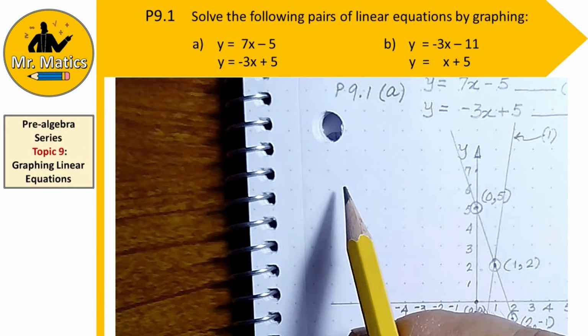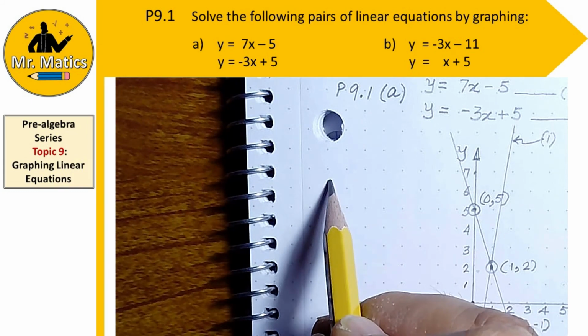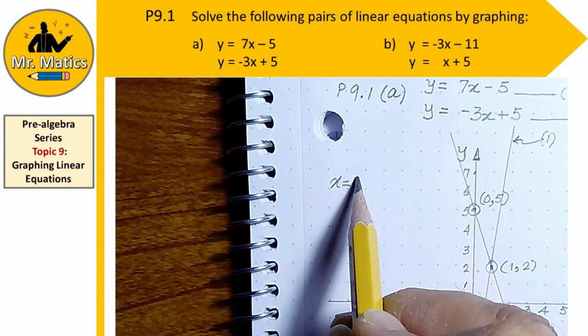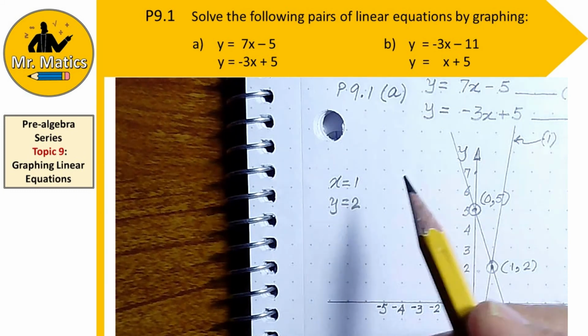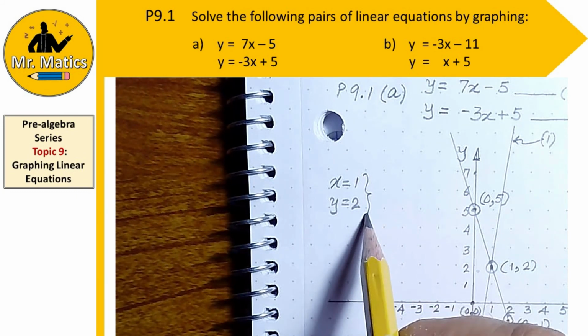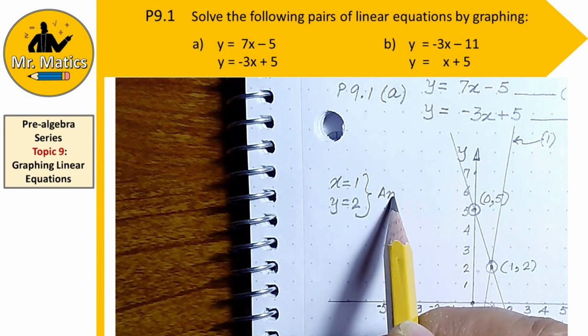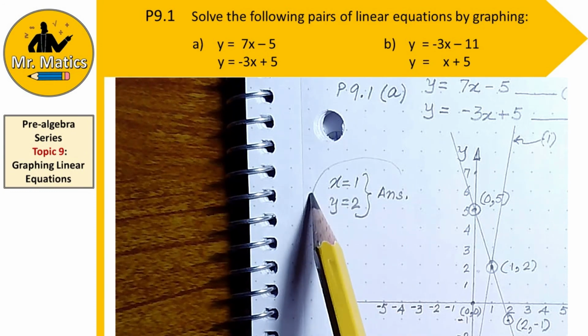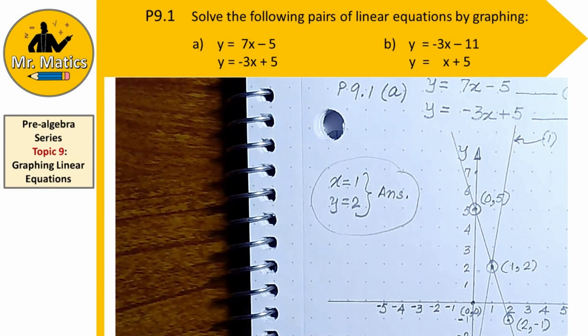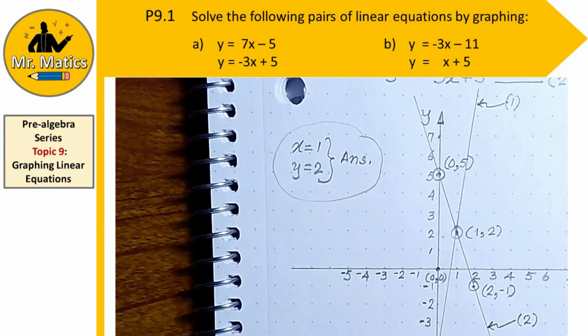Because I don't have space here, I'll just write x equals 1 and y equals 2. This is the answer. So that is your answer, x equals 1 and y equals 2.